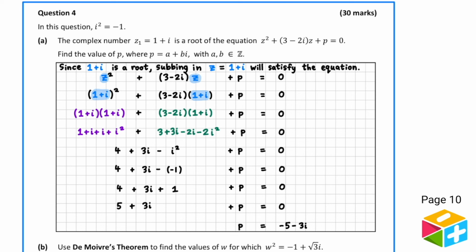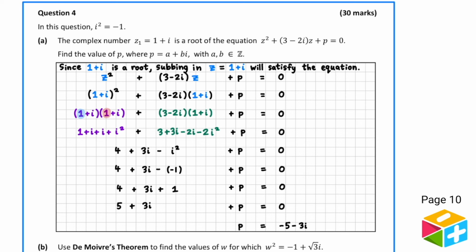We can find the value of p by doing some algebra. To begin, I'll rewrite 1 plus i all squared as 1 plus i times 1 plus i. Now, let's multiply out some brackets.